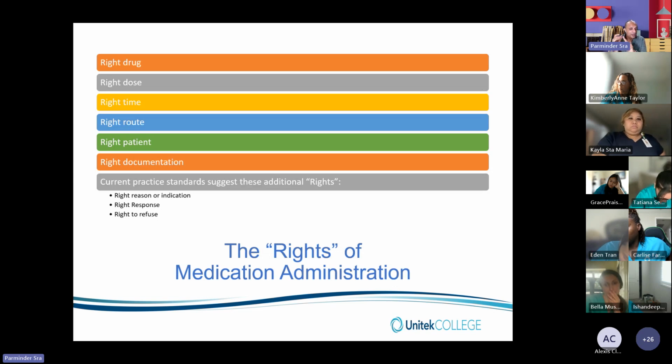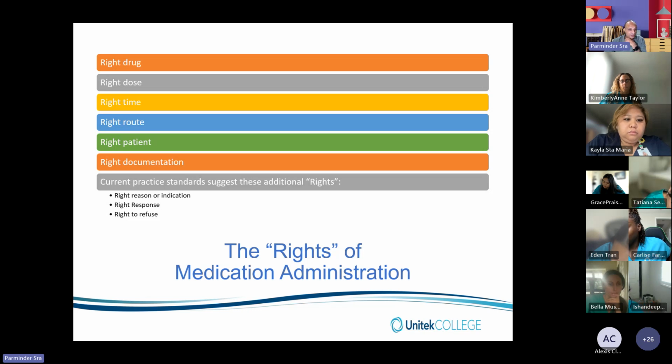How? You check the order in the system. Is this drug ordered for this patient or not? Double check the label for accuracy. If you receive a prescription for 500 milligrams of amoxicillin for a patient, before you give it, verify the medication name on the label matches the prescription, what is ordered for the patient.